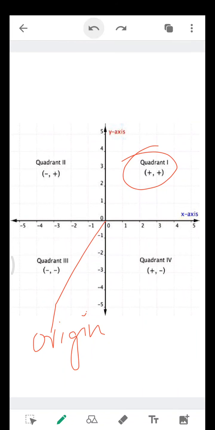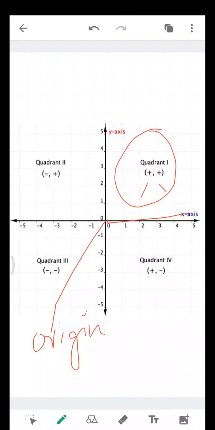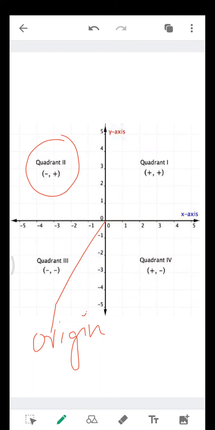Now in the quadrants, when we plot the points, if both the coordinates are positive, then that point comes in the first quadrant. That is, x is positive as well as y is positive. So this comes in the first quadrant. In the second quadrant, the x coordinate will be negative and y will be positive.